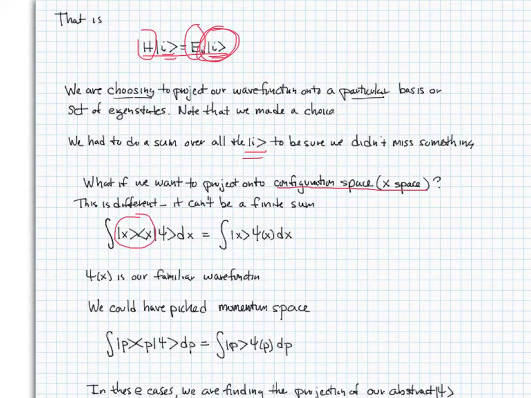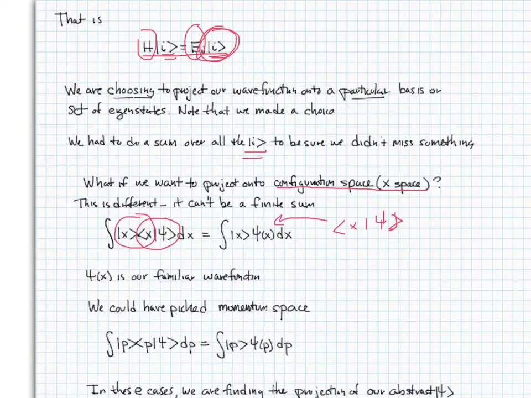And now, if we look at this expression right here, let me write it over here, that becomes our old friend, the wave function now expressed in terms of x.